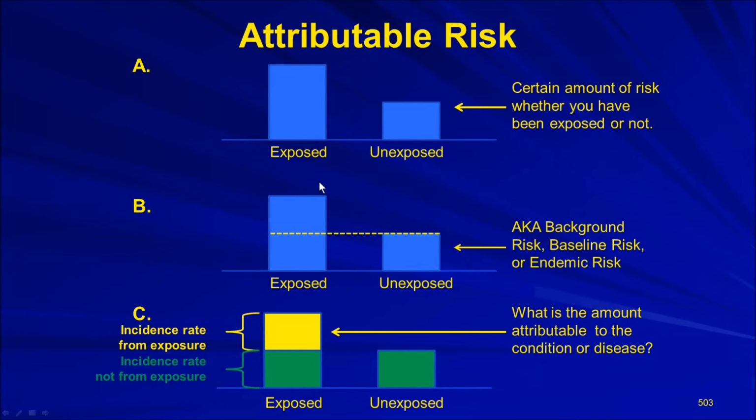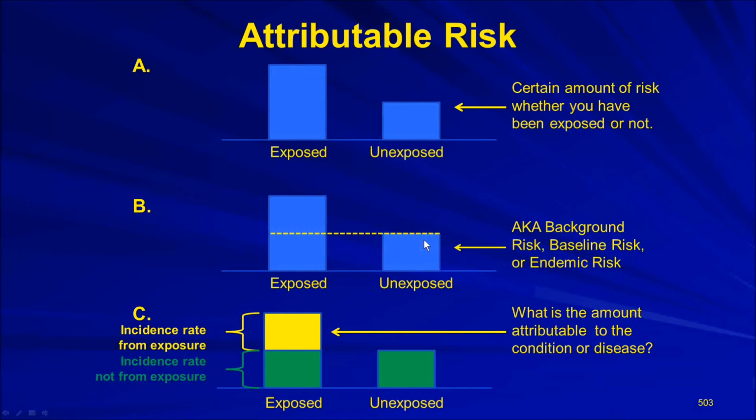This is the amount of risk that we calculated, or the absolute risk. And the absolute risk in the exposed group was 28.0, right? So you can just put 28.0 here. And then the amount in the unexposed group was 17.4, and you can put that there.